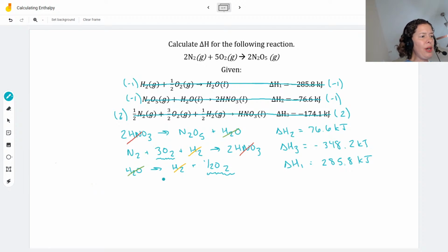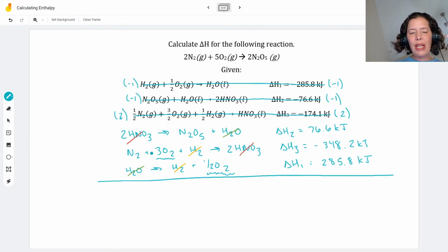But these are going to add to give me not 3.5, but 2.5 here. So what I'm doing is I'm taking 3O2 and I am subtracting 1/2 O2 because it is on the opposite side. Although instead of writing 2.5, I'm going to use an improper fraction and write that as 5/2 because you'll see how that's going to fit in later.